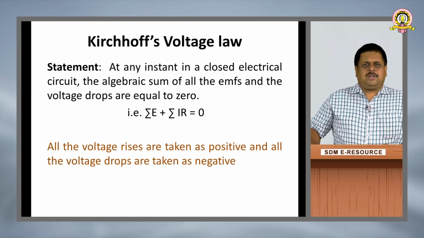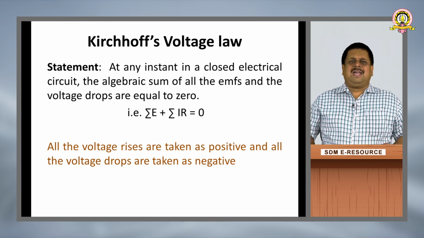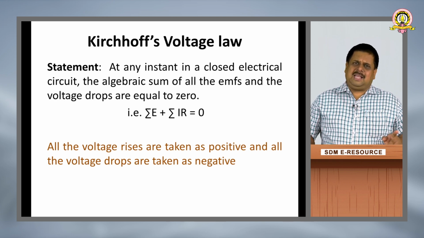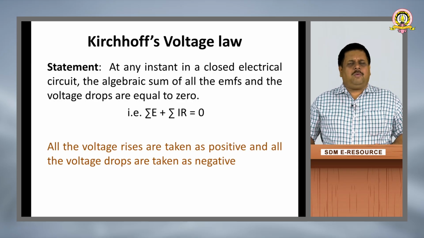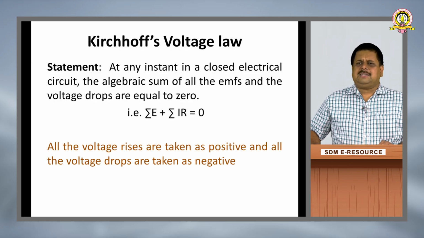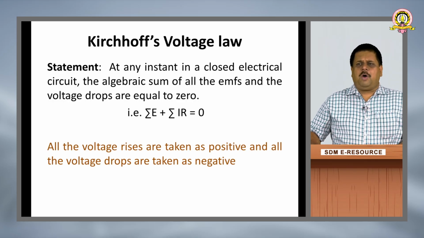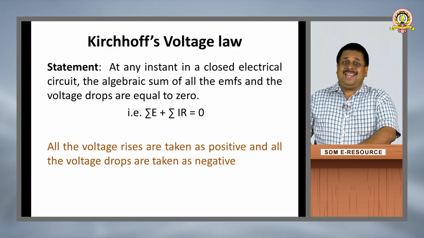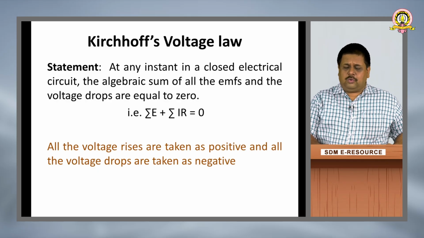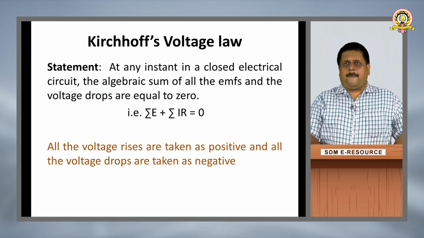When you consider voltage drops, if you move along with the direction of current flow, then it is taken as negative. If you move against the direction of the current flow, it is taken as potential rise and it is taken as positive. So, these are the sign conventions generally we use in the analysis of Kirchhoff's voltage law.